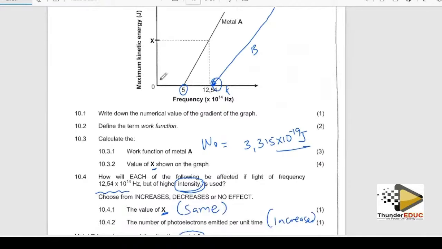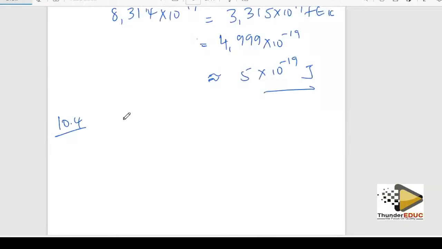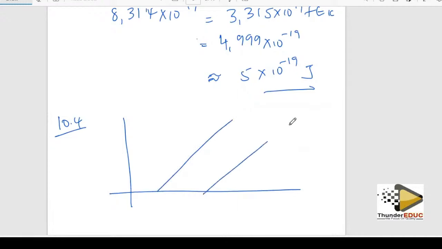So in your answer book, all you needed to do is just draw something like that and something like that, call that A and call that B. So this is the frequency of A, and this is the frequency of B. So guys, that's what we had to do, and that is what will be expected of us. So thank you very much for watching. Let's meet in the next paper. Thank you.